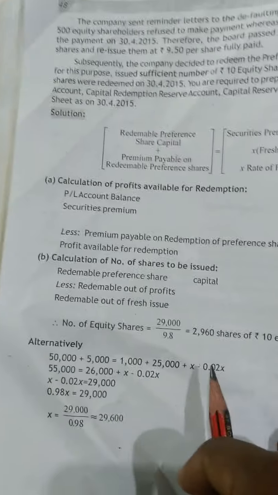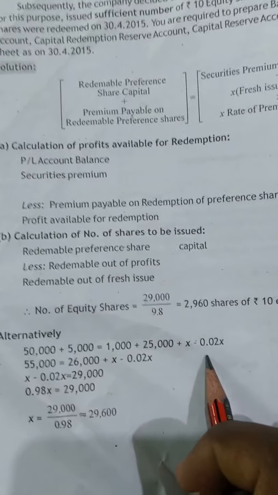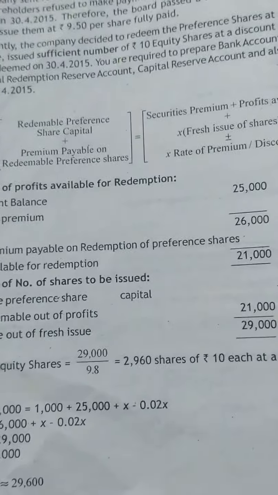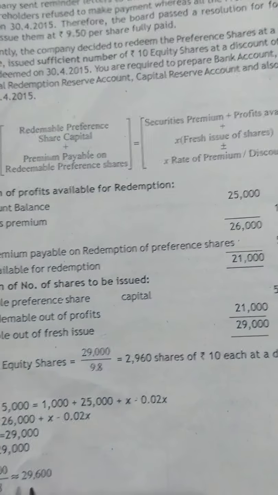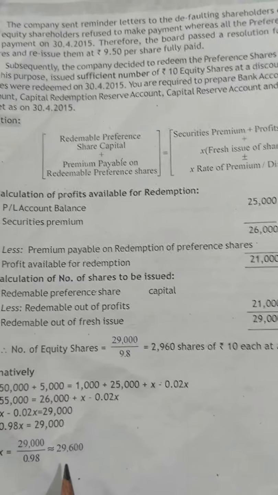Okay, next, we need to take the number of shares, that is equity shares, as x, minus, because here we are getting a discount. If you are getting a premium, you need to take plus. Okay, minus of 0.02x. If you calculate it, you will get a total of 29,600. Okay, out of which you have discounts also, you need to deduct.